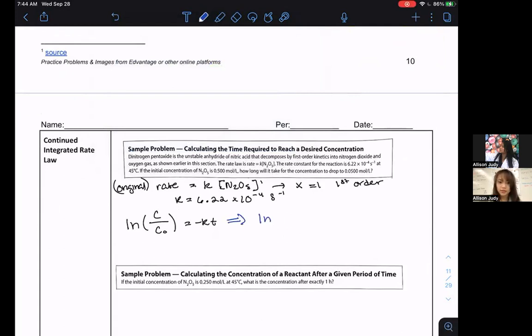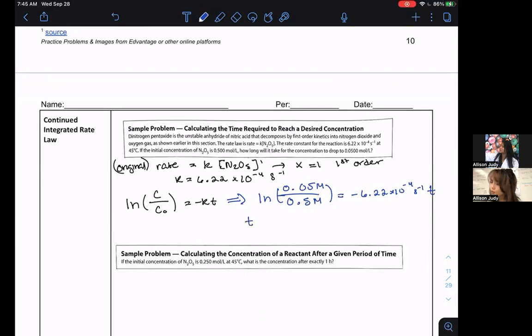The ln of the concentration of 0.05 molar, and I'm not going to write all the numbers right now because I don't have room, over the original concentration, 0.5 molar, is equal to negative K, so negative 6.22 times 10 to the negative fourth per second, times T. I solve for T, and I get that for the concentration to drop down to 0.05 molarity, it will take 3.70 times 10 to the third seconds. That's what my units end up being.